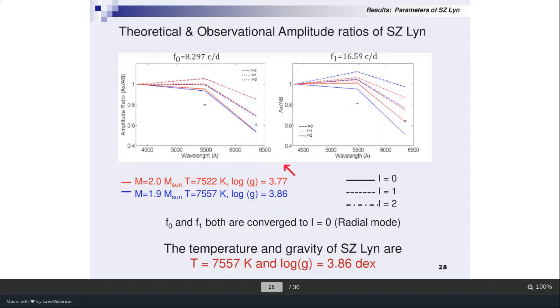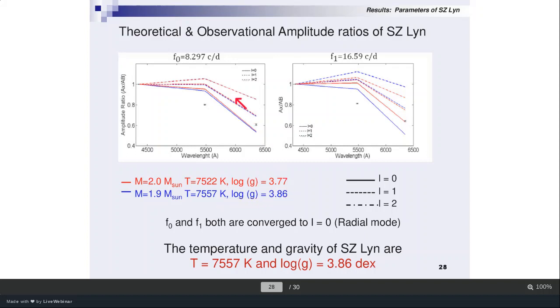I did my theoretical analysis based on two models. One has a mass of 2.0 solar masses, a temperature of around 7522 K, and log g of 3.77. These are the parameters I used for my theoretical analysis. The other model is 1.9 solar masses with a slightly higher temperature of 7557 K, and log g of 3.86.